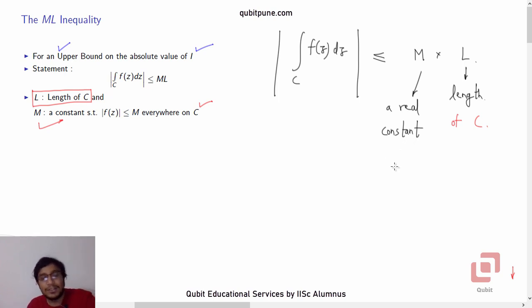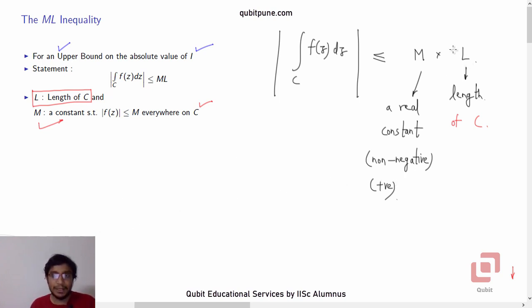And well, because it is a real constant, and because we are talking about the absolute value of f of z, it is non-negative, and except for the zero function, it has to be positive. Now a typical problem on an ML inequality involves two parts, obviously.